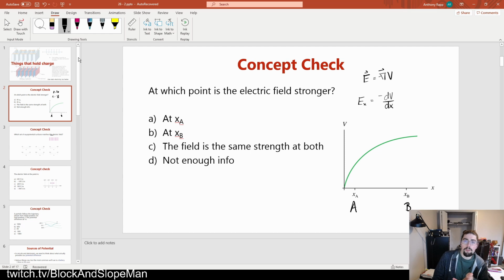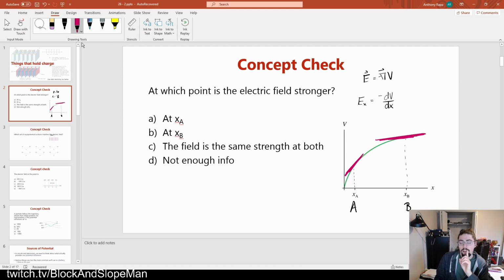All that's really asking me for is the slope, right? So I'm going to look at these two spots. I'm going to say, okay, right here at A, right here at B. For A, my slope is roughly something like this. And that's not a fantastic drawing, but we can kind of get an idea of what that slope might look like. Versus out at B, my slope looks something more like this.